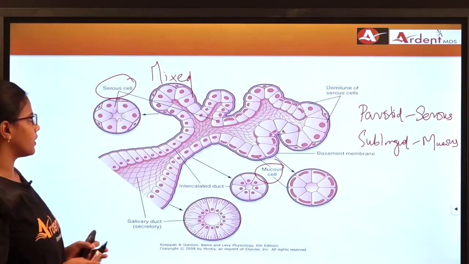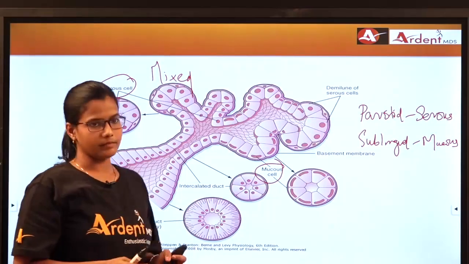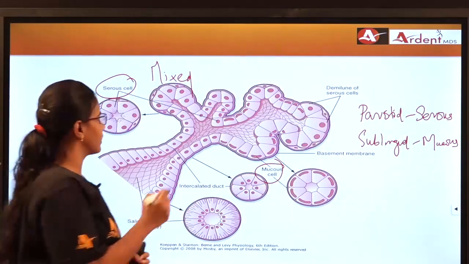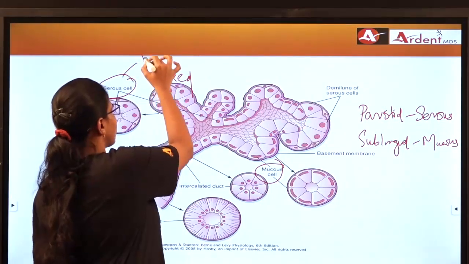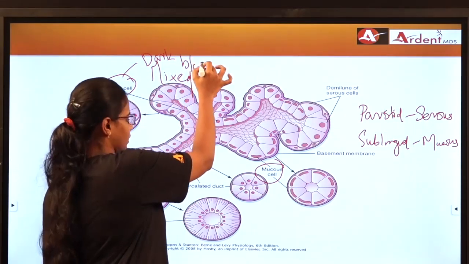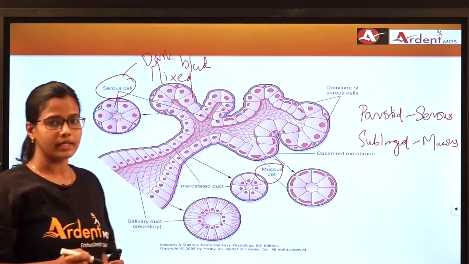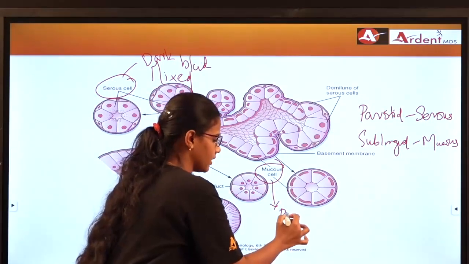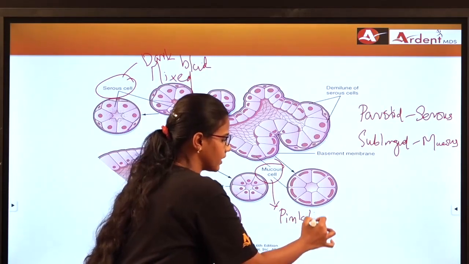Commonly in a histopathological diagram, the serous cells can be identified as dark bluish in color, and the mucous cells will be slightly less bluish, pink or lightly colored.